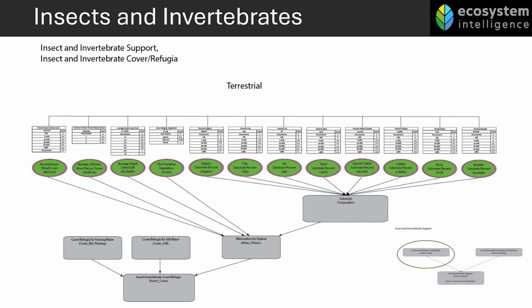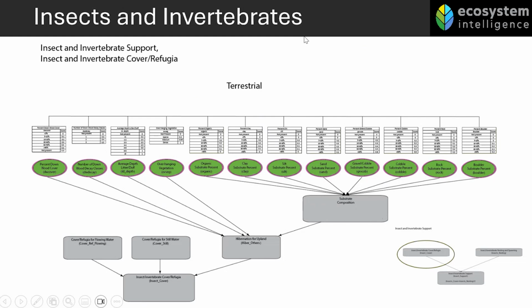And all of those get brought together to give us a substrate component score, and then that gets combined with the, in this case, hibernation for upland sub-calculation there. And that hibernation for upland component brings in the downwood and the downwood decay classes, etc. And then that all rolls up into the final insect invertebrate cover refugia score down below.